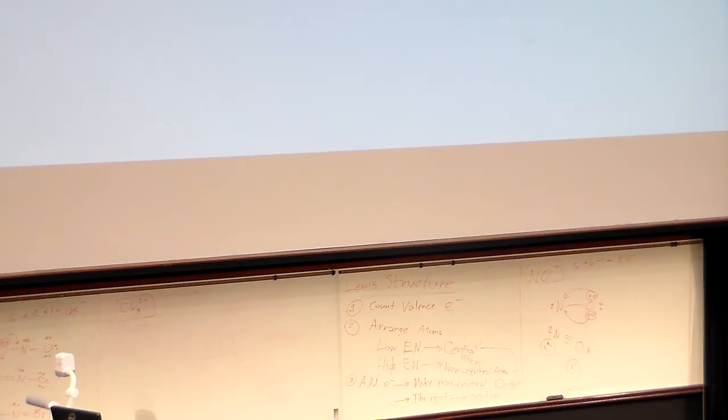One thing that I usually do to make sure I get the correct resonance form. Take a look here. In this structure you have a double bond on the left and a single bond on the right. In the next structure, you have a double bond on the right and a single bond on the left.